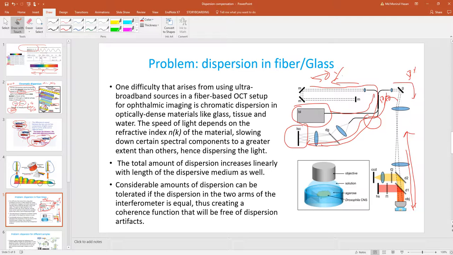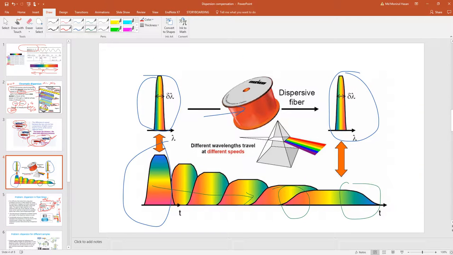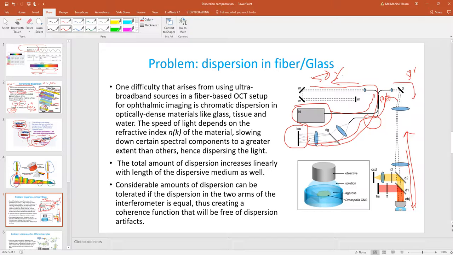If the medium is different, then although we are sending a broadband light source, say like this kind of light source, when they combine at the returning path, they will not combine in the same way because of the dispersion of the different materials.